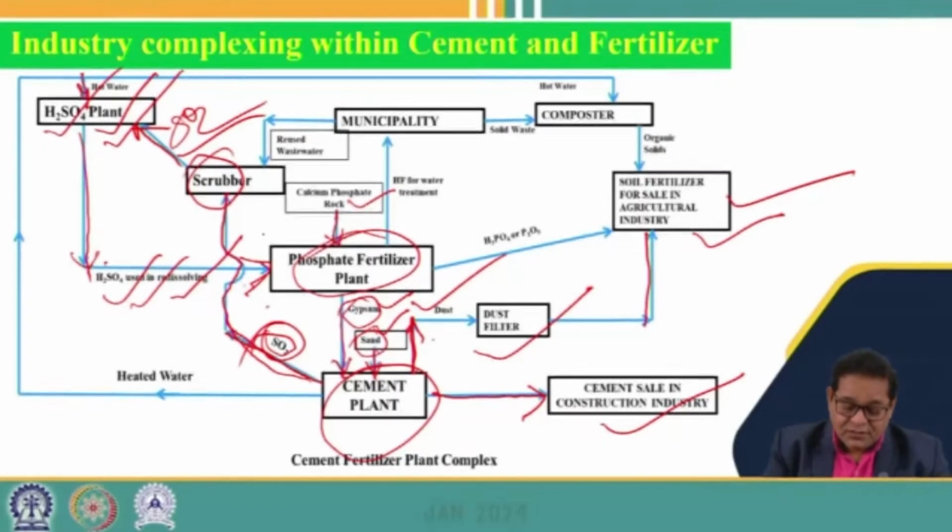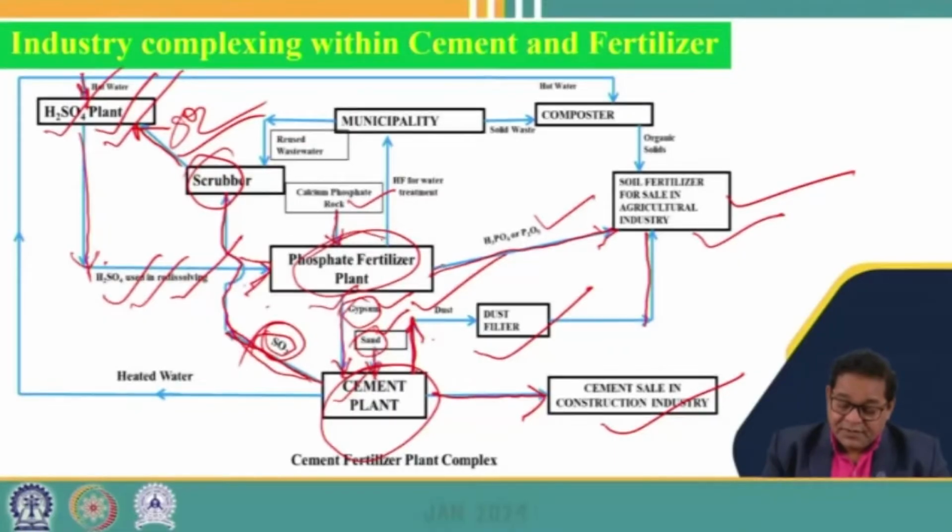After these two raw materials are used in the fertilizer plant, it generates gypsum. This gypsum is again used in the cement industry as a raw material, and whatever H3PO4 or P2O5 is produced is used as a fertilizer for the agricultural industry.